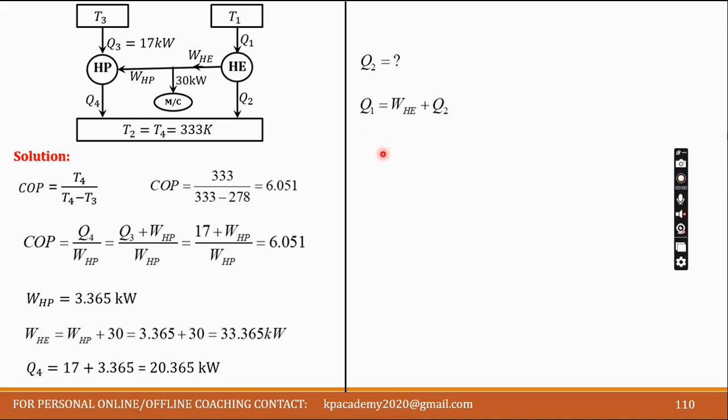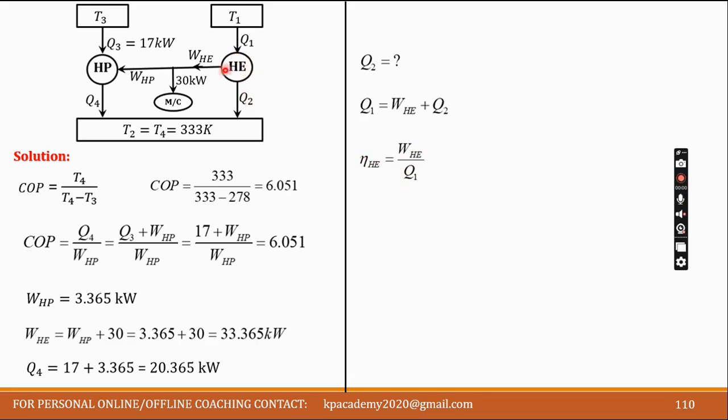We know that the efficiency of a heat engine is equal to the work output given by the engine divided by the input heat given to the heat engine, right? Now in this case, we need to find out Q1, because the work output given by the engine is known to us. But in order to find Q1, we need to find the efficiency of the heat engine also.